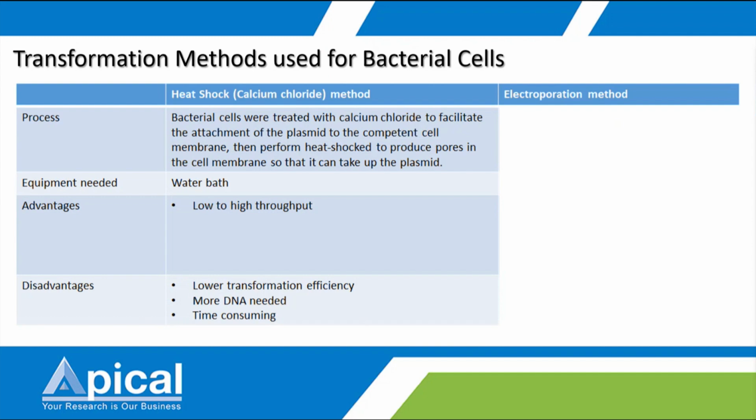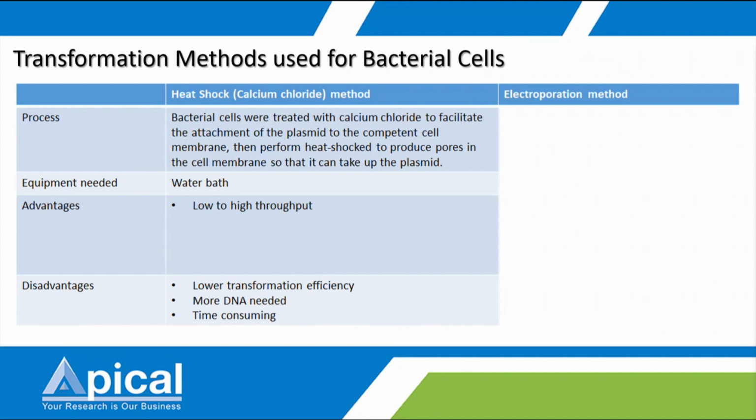In the heat shock method, the bacterial cells are treated with calcium chloride to facilitate the attachment of the plasmid to the cell membrane. Then heat shock is performed to produce pores in the cell membrane, which forces the plasmid to go inside the cell.